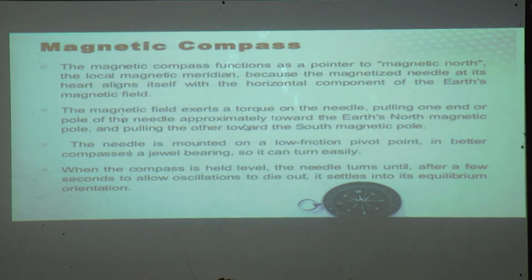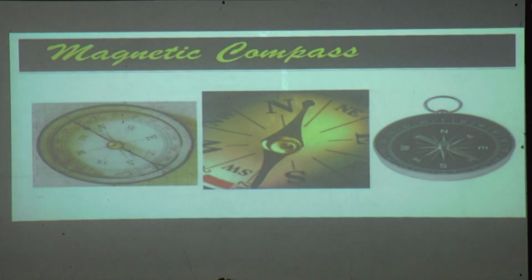The needle is mounted on a low friction pivot point, in better compasses a jewel bearing, so it can turn easily. When the compass is held level, the needle turns until, after a few seconds to allow oscillations to die out, it settles into its equilibrium orientation. So these are some uses and functions of the magnetic compass.